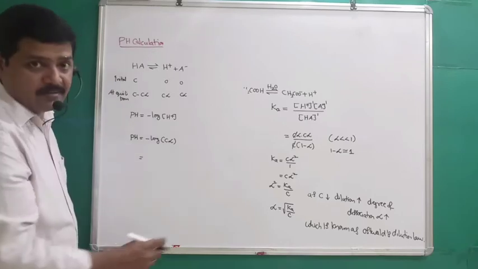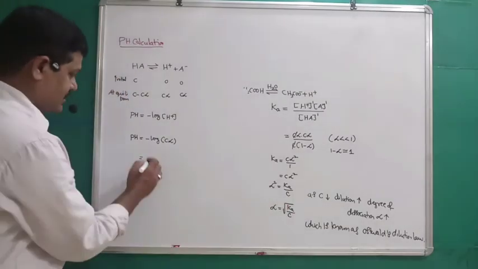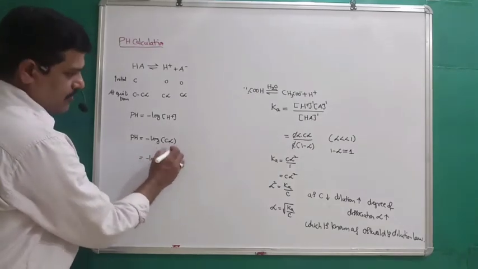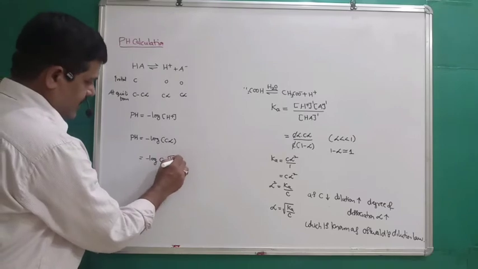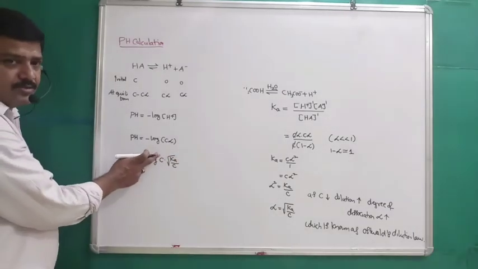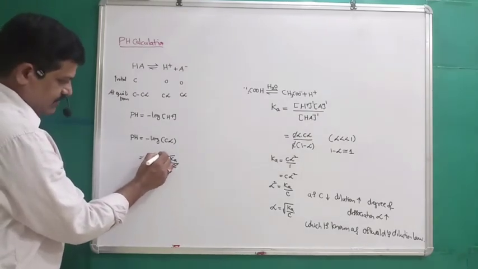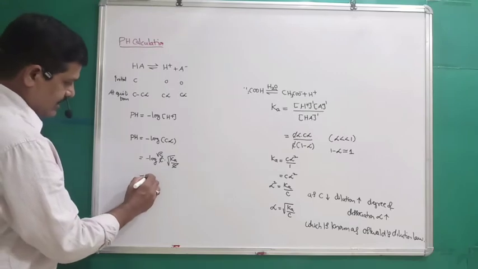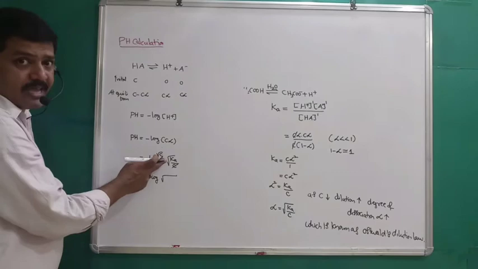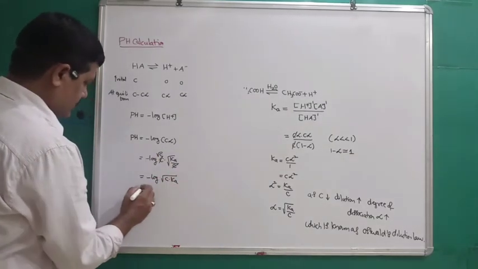Earlier we derived that alpha is equal to the square root of Ka by C. So minus log of C into the square root of Ka by C. This C we can write as root C into root C, so root C and root C get cancelled. So we get minus log of root C into root Ka, which we can write as root of C Ka, right?